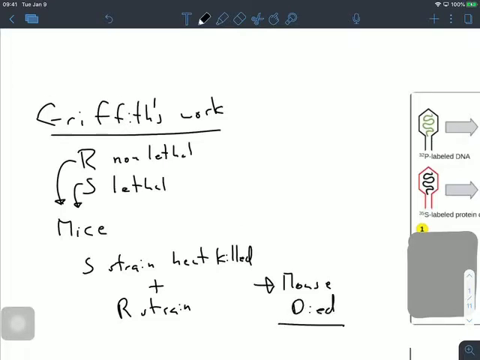And he found that there could therefore be some component of the dead bacteria, or not bacteria but virus rather, that could confer the transmission of lethality to the mouse. So, giving scientists an idea that there had to be something in this virus that could pass from one dead virus to the living virus and still confer that lethality.